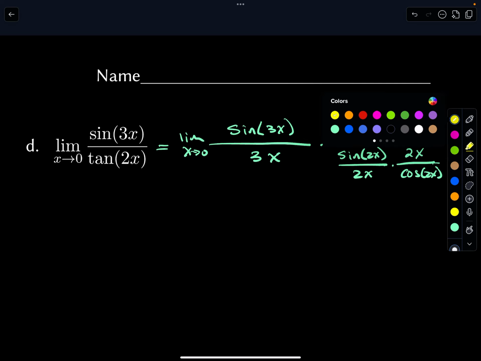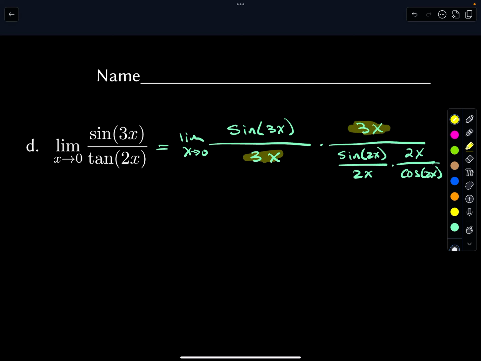So these 3x's balance each other out. The 2x's also similarly balance each other out. And then finally, this sine of 2x over the cosine of 2x is the same as tangent of 2x.